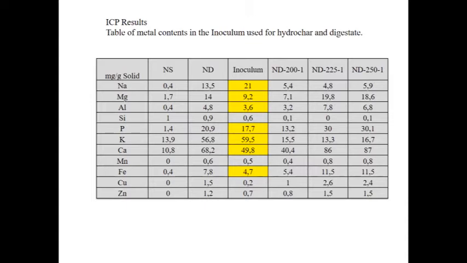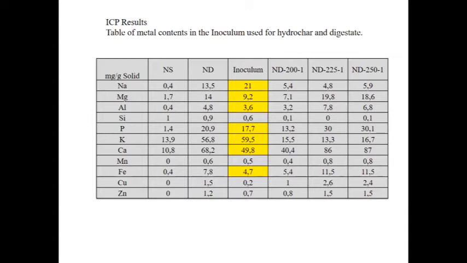The ash content of the inoculum was 30%. Sodium, potassium, magnesium, calcium, aluminium, and iron, which are inorganic elements originating from the inoculum, remained in the structure of the Narlısaray dry digestate. Comparing all of the hydrochars, it was observed that most of the sodium and potassium were dissolved during hydrothermal carbonization.